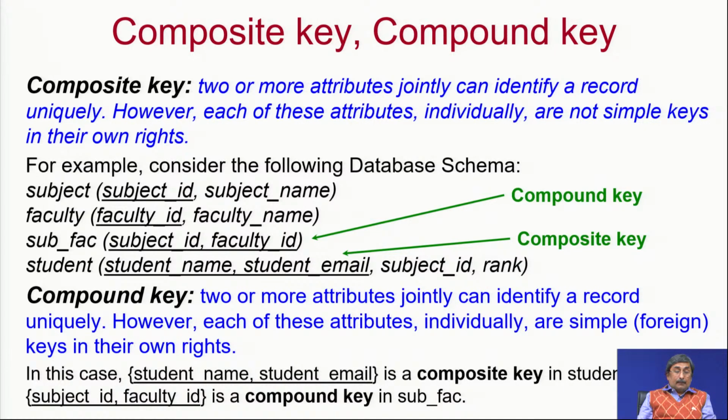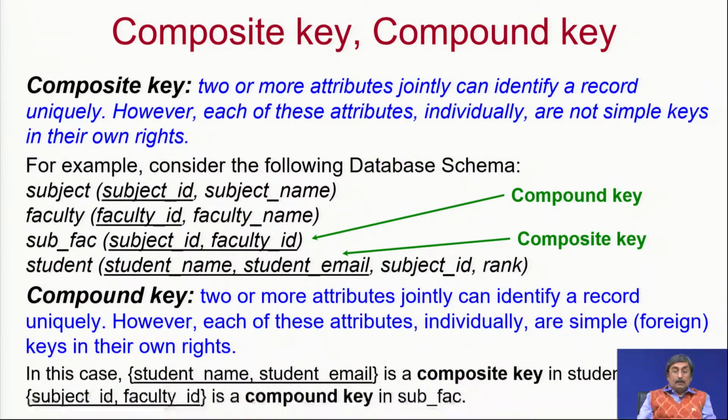But if you look at a subject faculty kind of relation, where subject ID and faculty ID both are present, then subject ID and faculty ID together form the primary key. But I see that faculty ID is a foreign key in the subject faculty relation, because it is a primary key of the faculty relation.